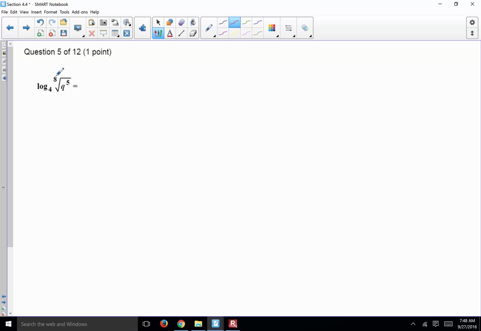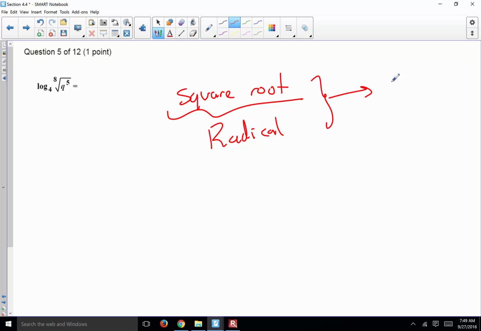And how is it related to our current question number 8? Right, square roots, or not just square roots, we call them in general radicals.